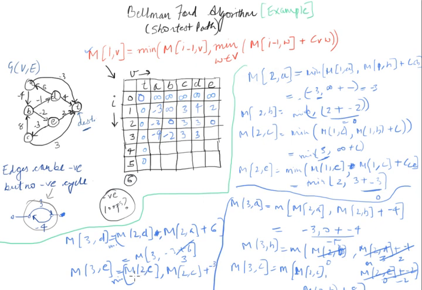M2E is 0, M2C is 3, so 3 plus minus 3 is 0, so it will remain 0.